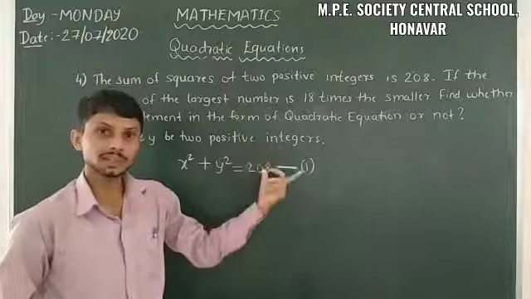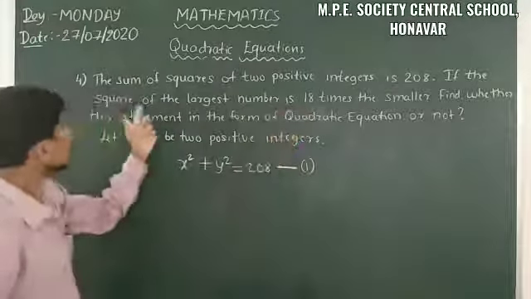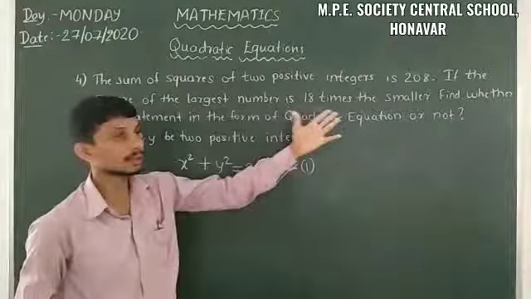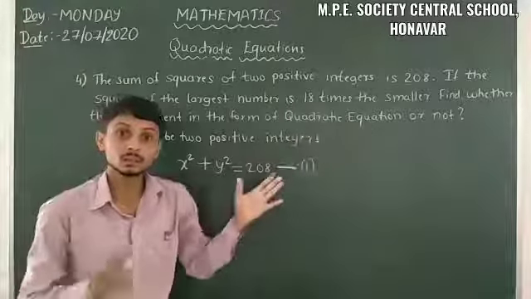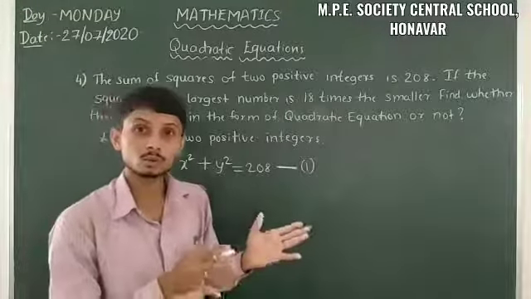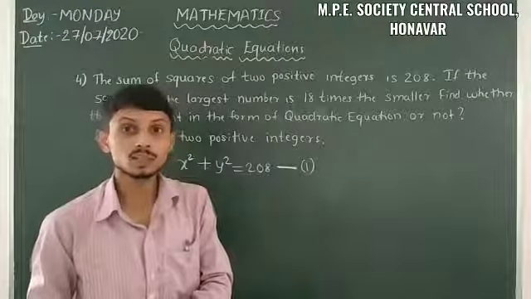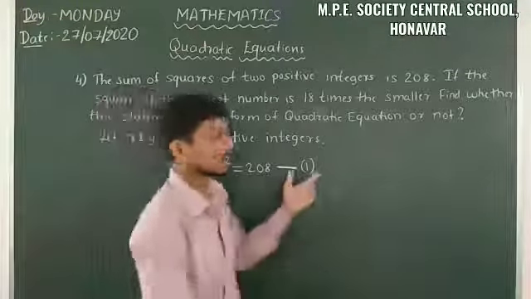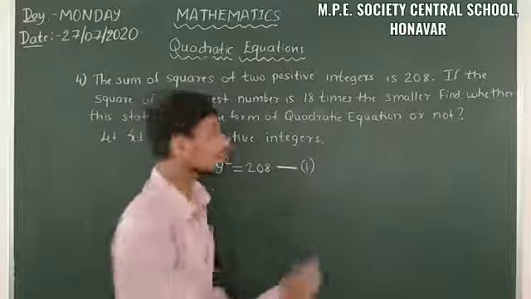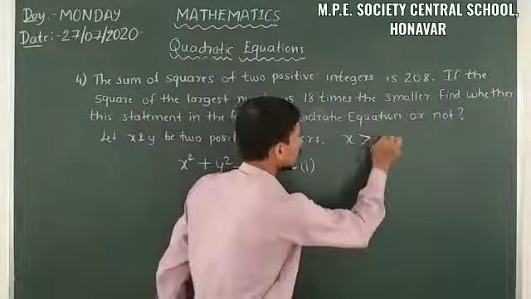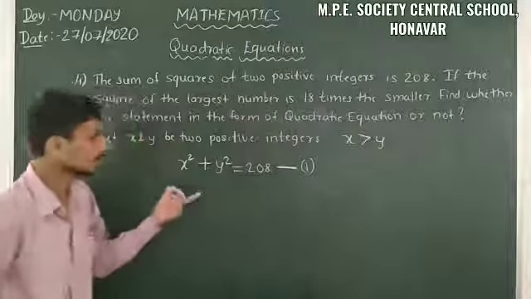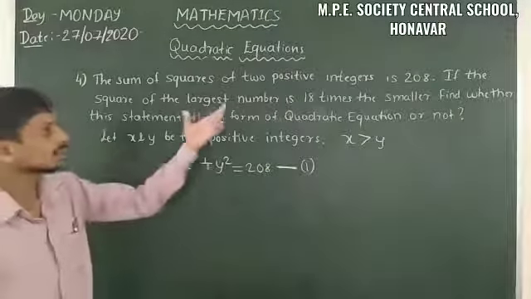So let us move on to the next statement, that is, if the square of the largest number is 18 times the smaller. Here also we have to assume one number as the greater and the other as the smaller. So let us take x greater than y.